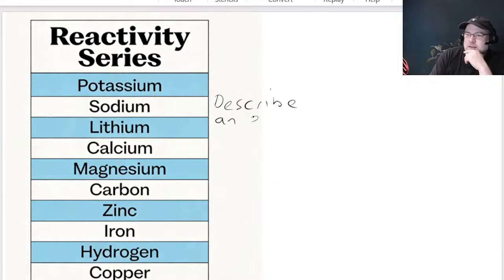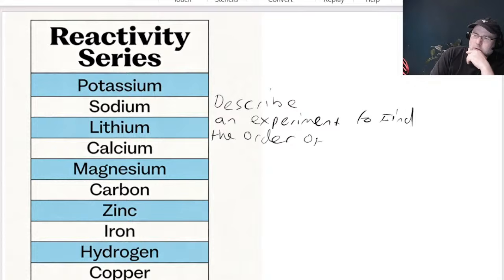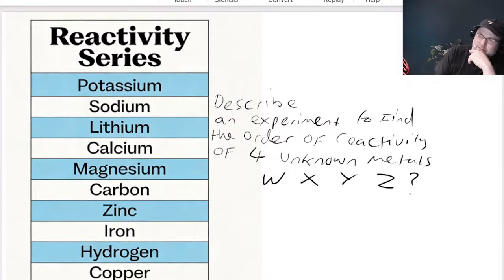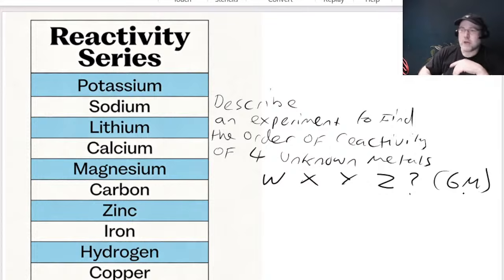Describe an experiment to find the order of reactivity of 4 unknown metals, and we're going to call them W, X, Y, Z, and we're going to give you 6 marks. So bullet point, how would you do that?